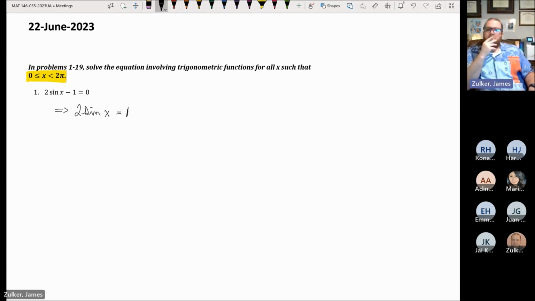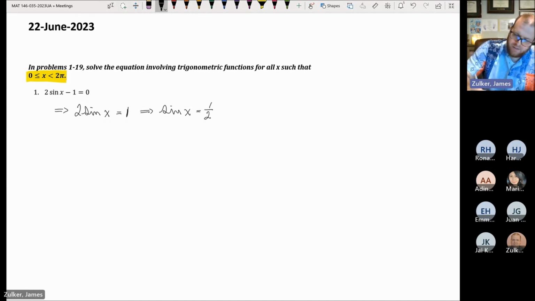Right? Well, that would mean that 2 sine of x has to be 1, right? Which means that sine of x has to be 1/2.